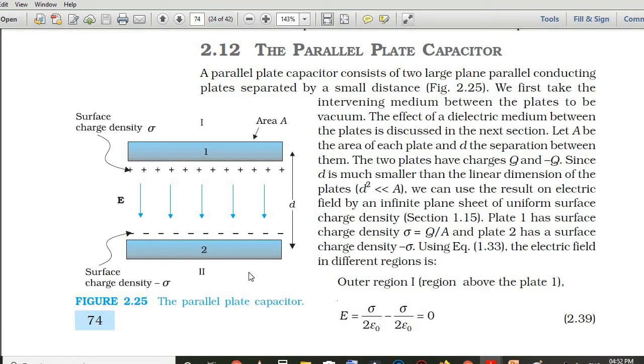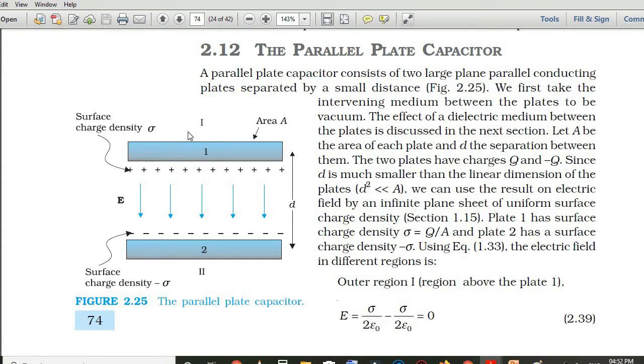Instead of one plate, in the case of a parallel plate capacitor, we have two plates. At any region, there will be an electric field because of the positively charged plate and the negatively charged plate. Thus, there is a region 1.